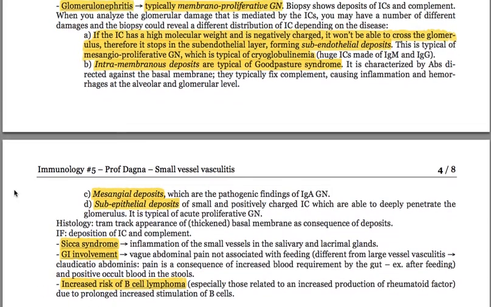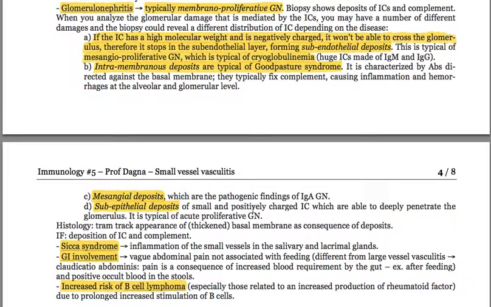We have also mesangial deposits, which are the pathogenic findings of IgA glomerulonephritis, and subepithelial deposits of small and positively charged immunocomplexes which are able to deeply penetrate the glomerulus. It is typical of acute proliferative glomerulonephritis. At histology, we find a tram-track appearance of thickened basal membrane as a consequence of deposits. In the immunofluorescence, we have deposition of immunocomplex and complement.